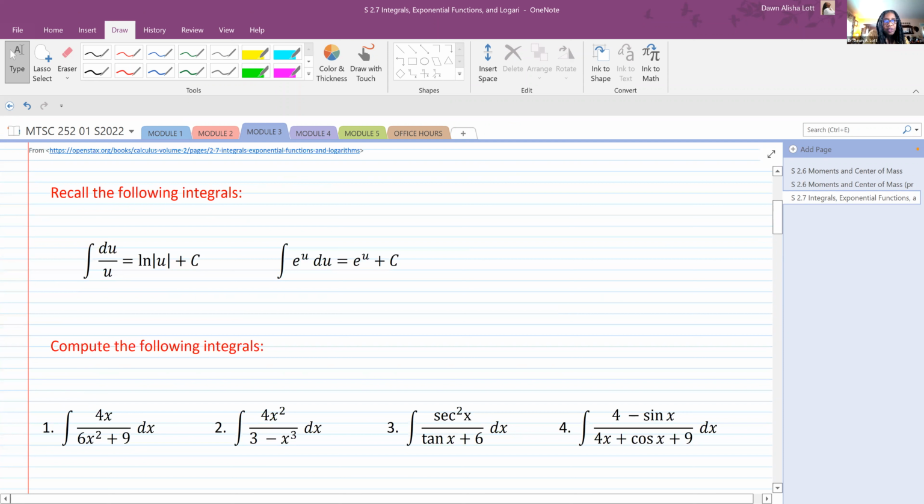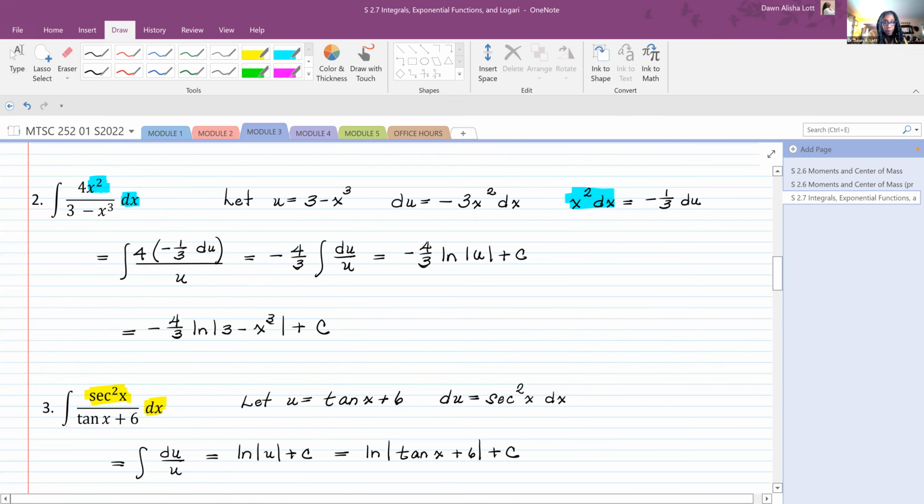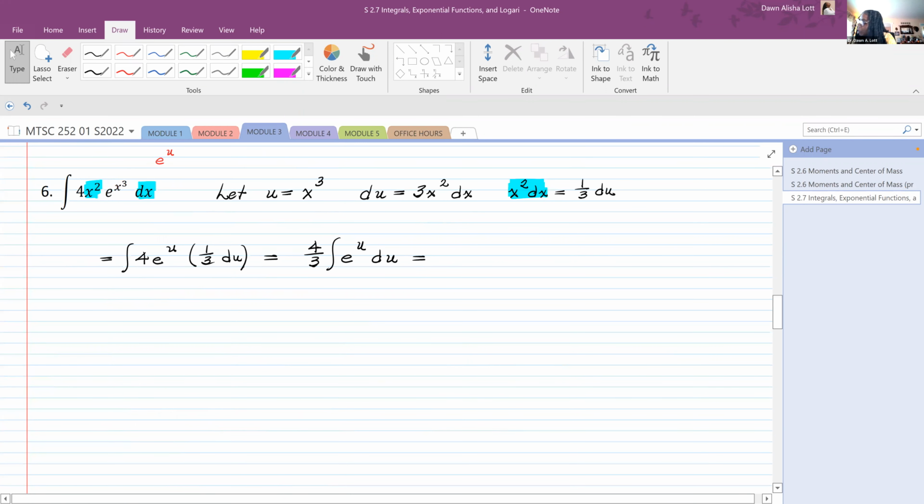The integral of e to the u du is e to the u. So this becomes 4/3 e to the u plus a constant. So my answer is 4/3 e to the x cubed plus c.